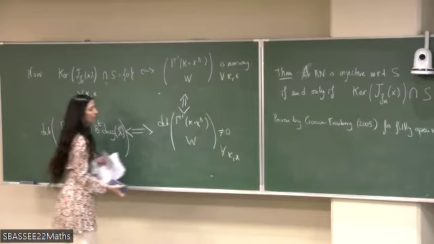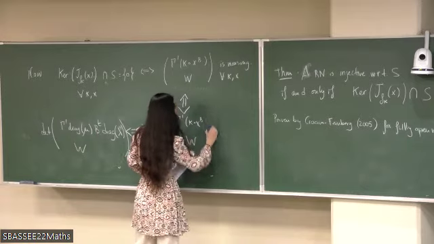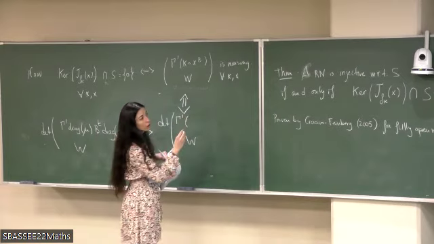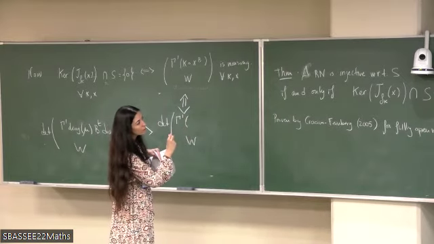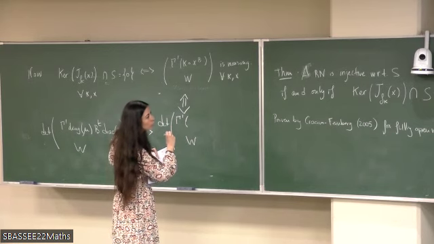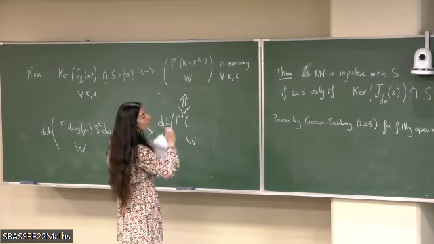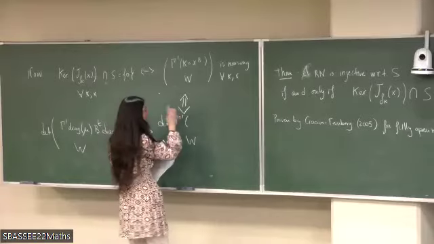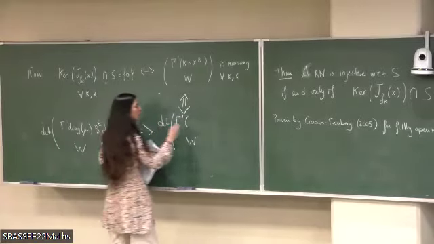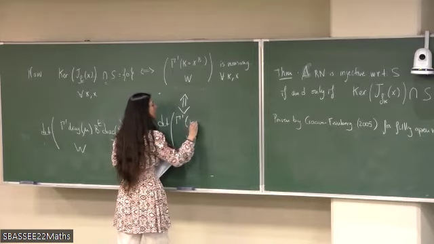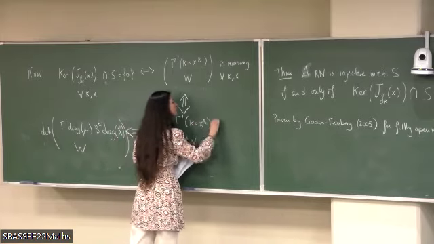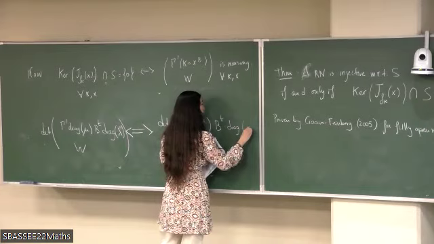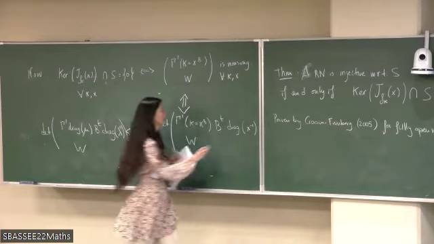This is because I can directly plug in here. If I just compute the Jacobian of this matrix, I get this times a diagonal matrix with inverses of the x's.